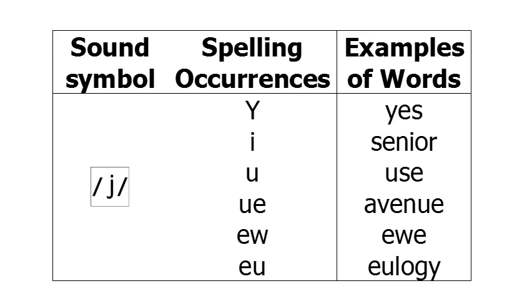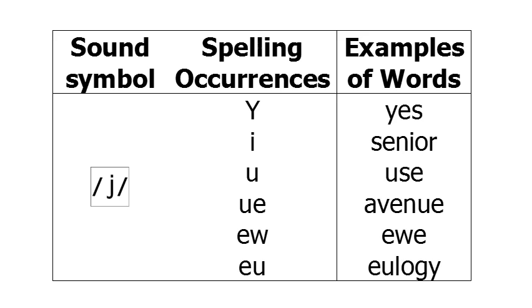This sound is pronounced y. It can be got from letter Y, letter I, letter U, letters UE, EW, and EU.